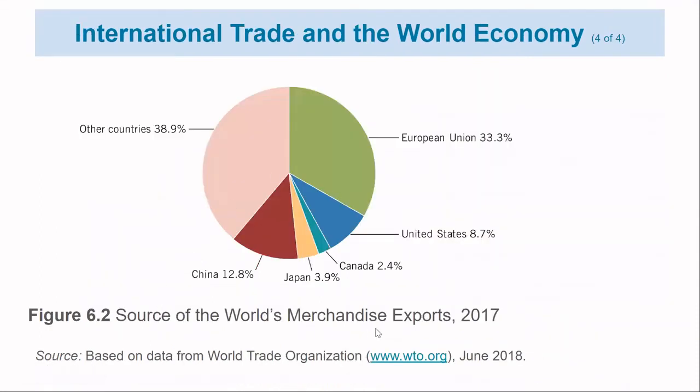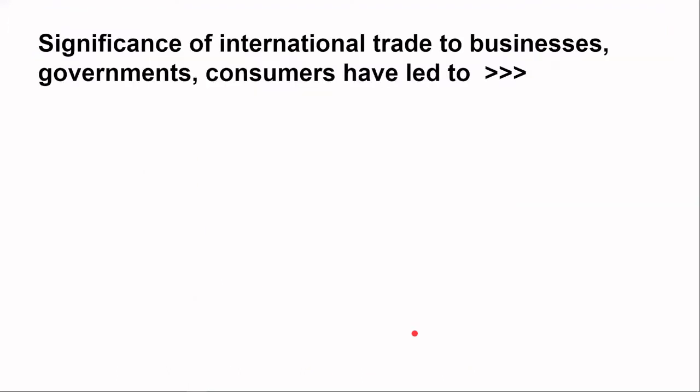And the source of the world's exports is basically Europe and the EU 33%, US 8.7%, and so on. So you can see the source of the world's merchandise exports is huge.